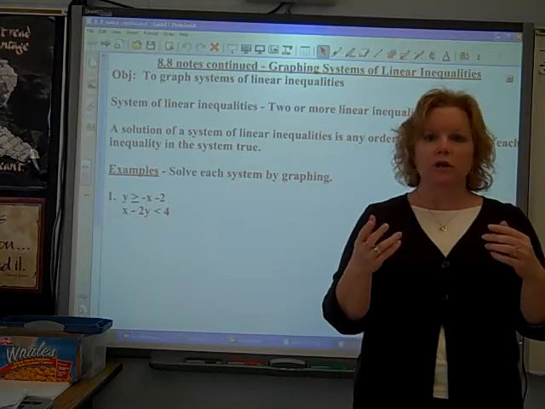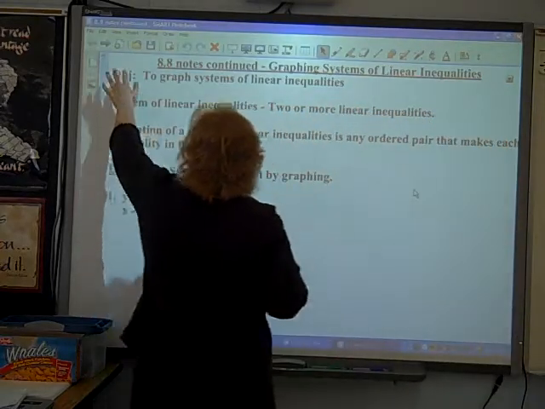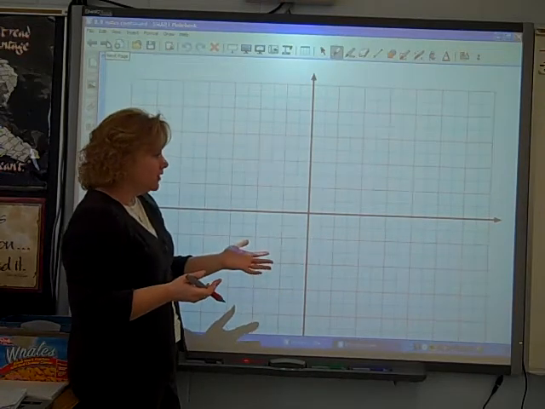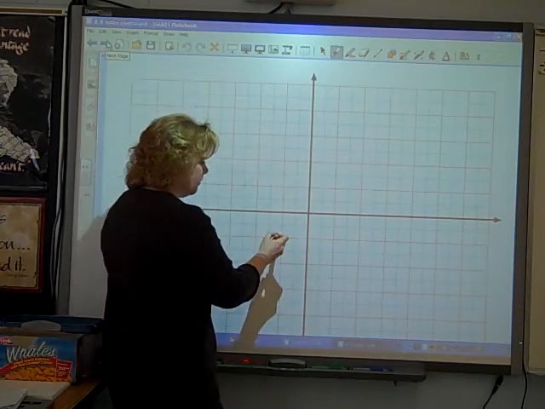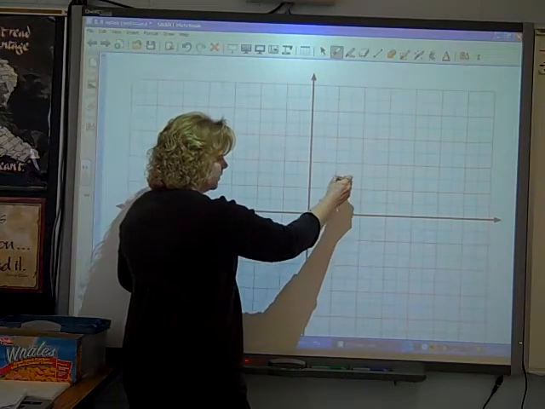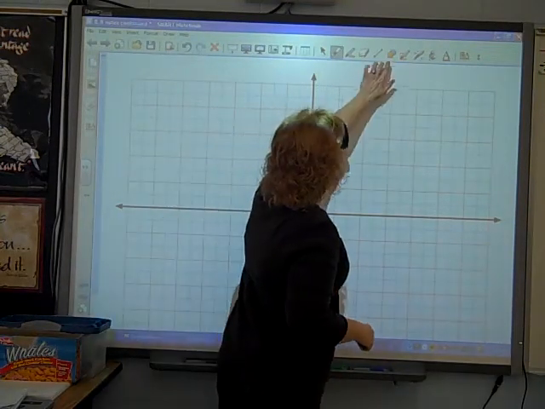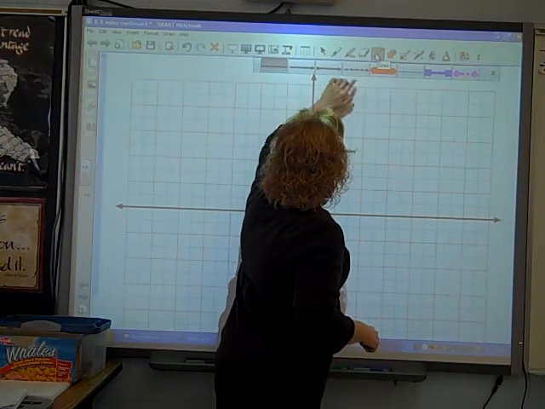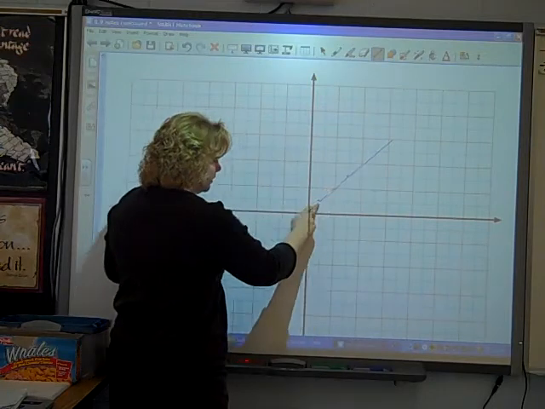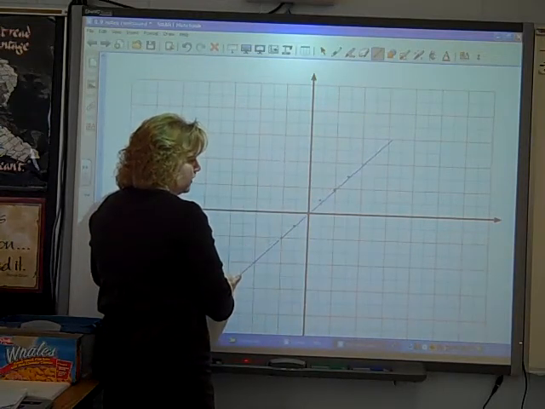So remember when we did it before where we would graph, just to give you an example, earlier in the chapter we would have a line with maybe it looked like this. We would graph that line. And that was one of our lines.